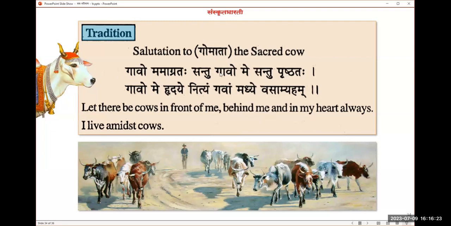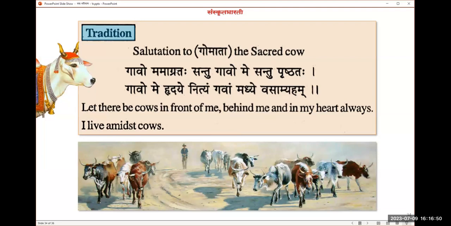Then gavo me santu prishtatah. So me is an alternative to mama. So mama prishtatah api gavaha santu. May there be cows even behind me. So that means they are there in front of me and behind me. Gavo me hridaye nityam. May they be there in my heart all the time. Gavam madhye vasamyaham. I will live in the middle, amidst the cows.